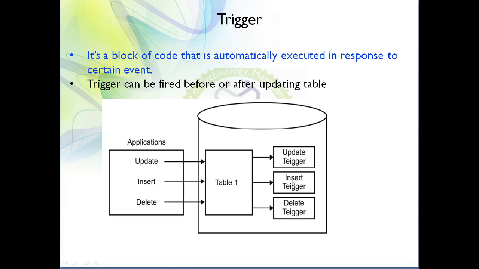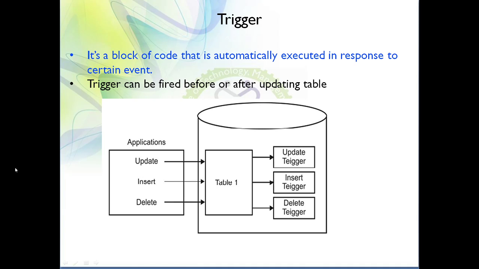So this is a simple diagram to illustrate the concept of trigger. Here we need to perform three tasks: insert, update and delete. For these three particular operations we can create trigger on the table. Suppose we want to get an alert message whenever we perform insert, update or delete operation.